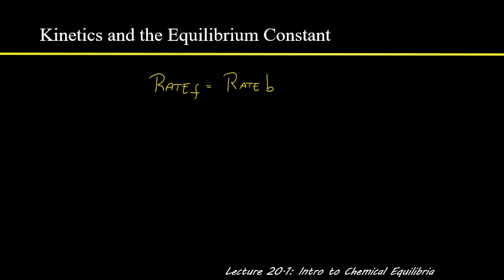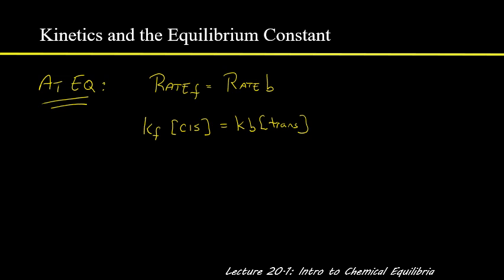And we also said that for this particular reaction, they were simple unimolecular processes, and so it was simple enough to write rate laws for these. Let me add a little note here. Okay. So at equilibrium, the rate of the forward reaction is equal to the rate of the backward reaction. That gives us this equation by writing those two rate laws.